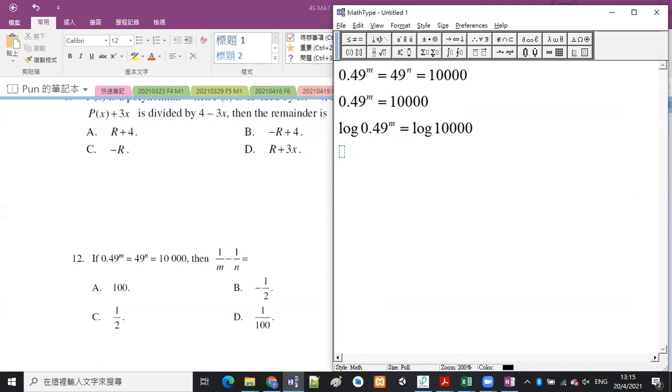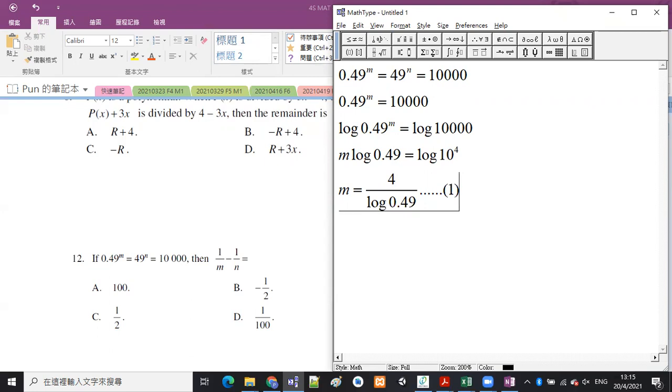Okay, so the m can be brought to the front of the log. m log 0.49 is equal to log 10 to the power 4. And then the power 4 can be brought to the front. It becomes 4 log 10, okay? And log 10, base 10 is equal to 1. So m is equal to 4 over log 0.49. Okay, and save this to equation 1.